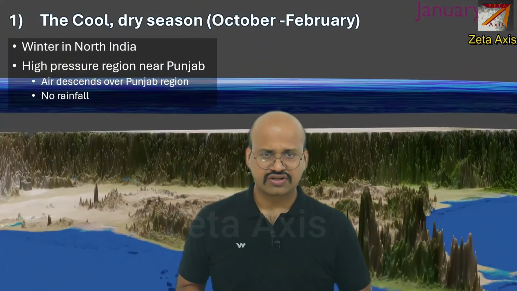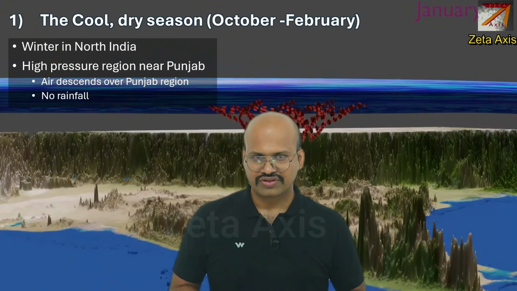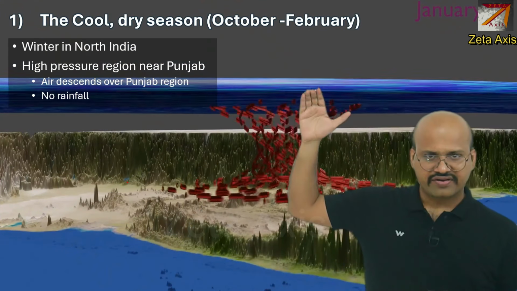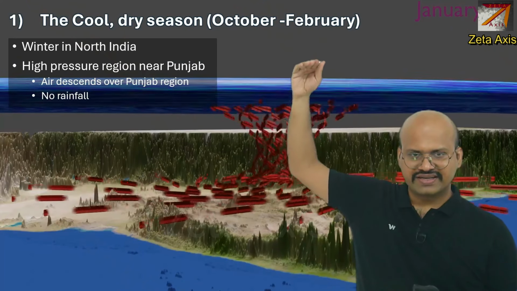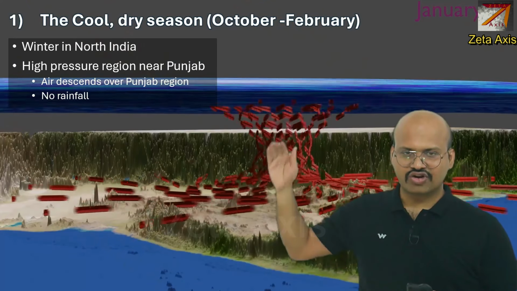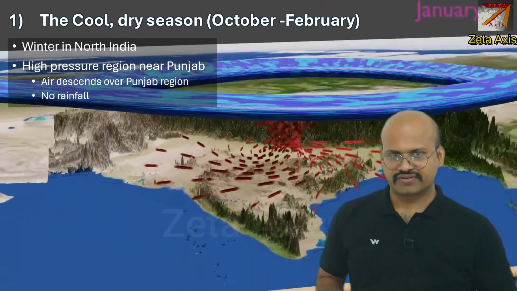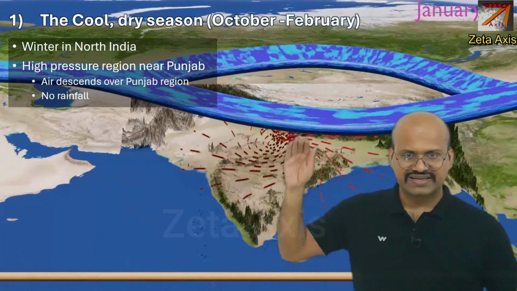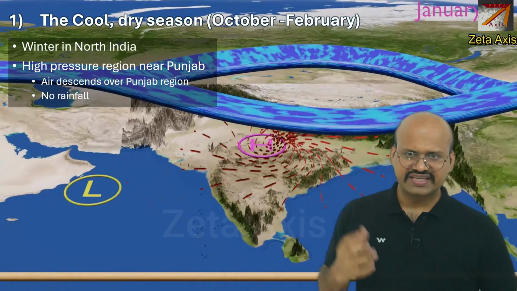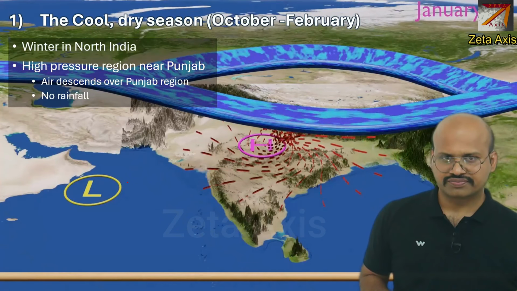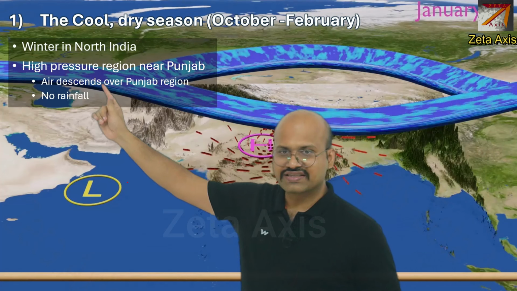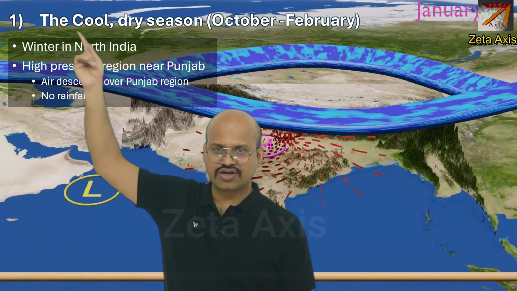And why is it the cool and dry season? We know that there is high pressure. Air from the upper atmosphere is descending or sinking over our northern Indian subcontinent. Because of this descending air, the air gets heated and it will give no rainfall. So there is winter in North India during this time.